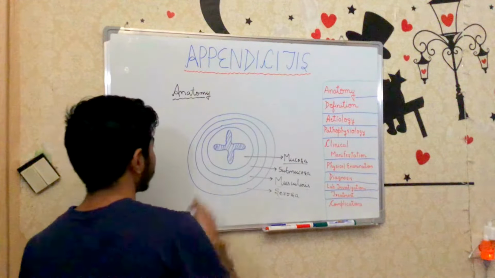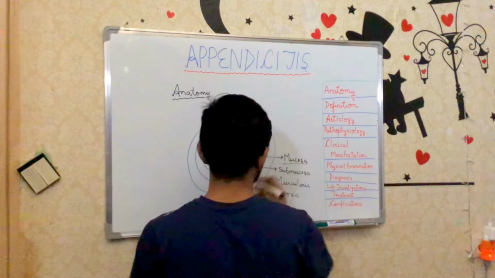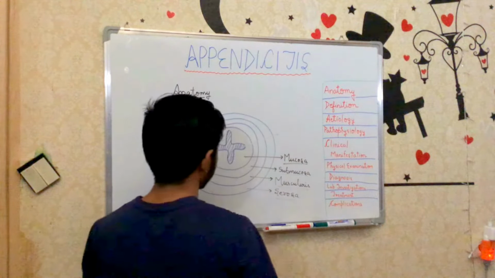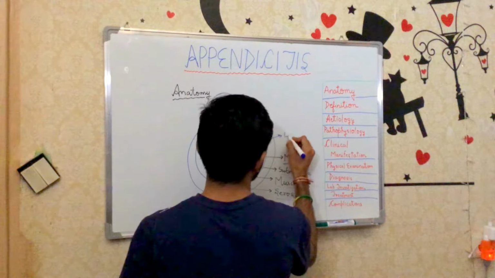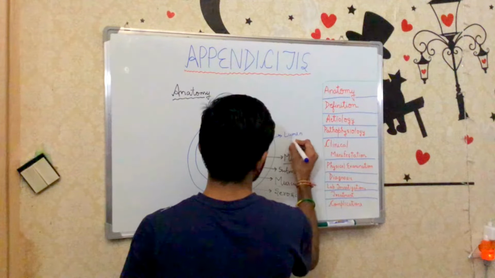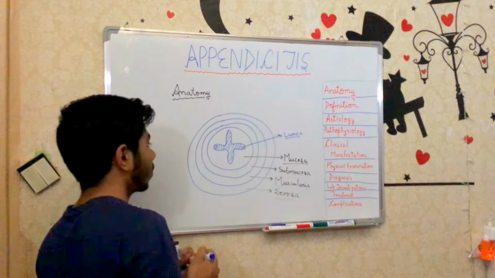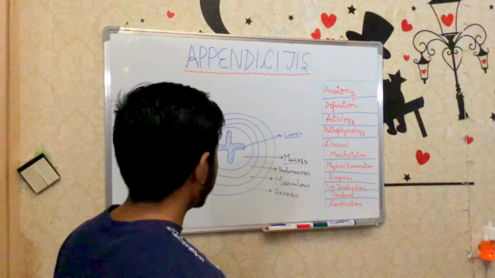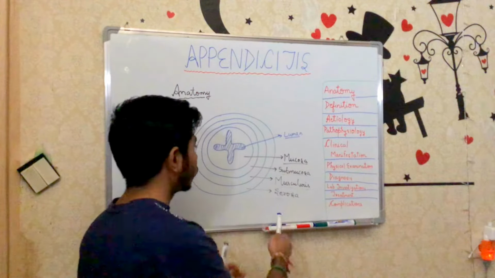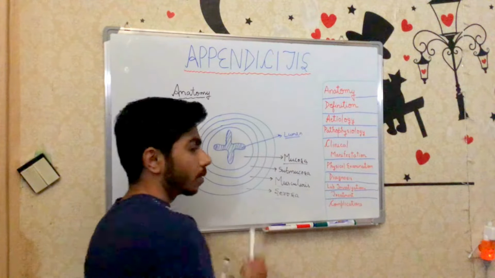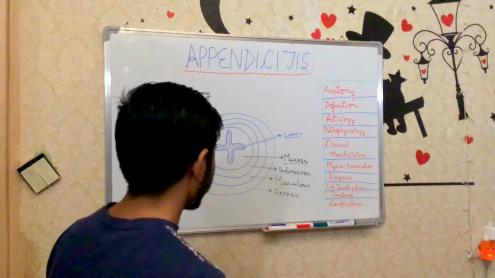First we have the lumen. This is the lumen of the vermiform appendix. So these are the layers from the inside outwards: mucosa, submucosa, muscularis, and serosa.